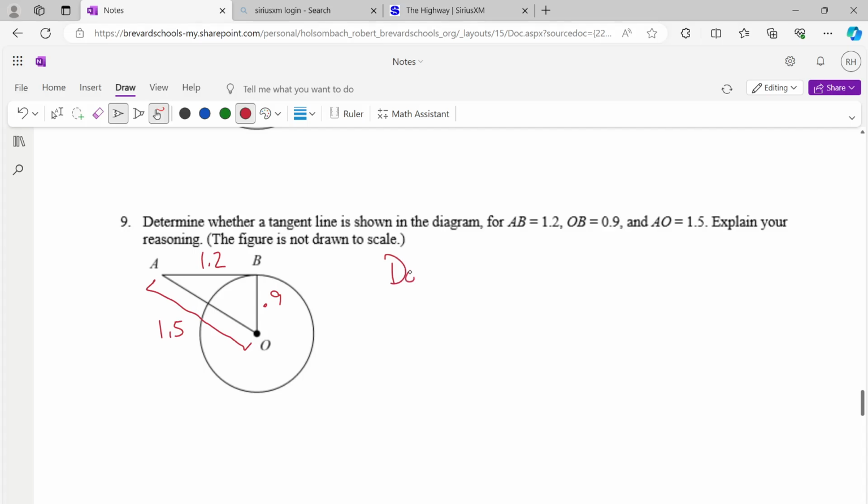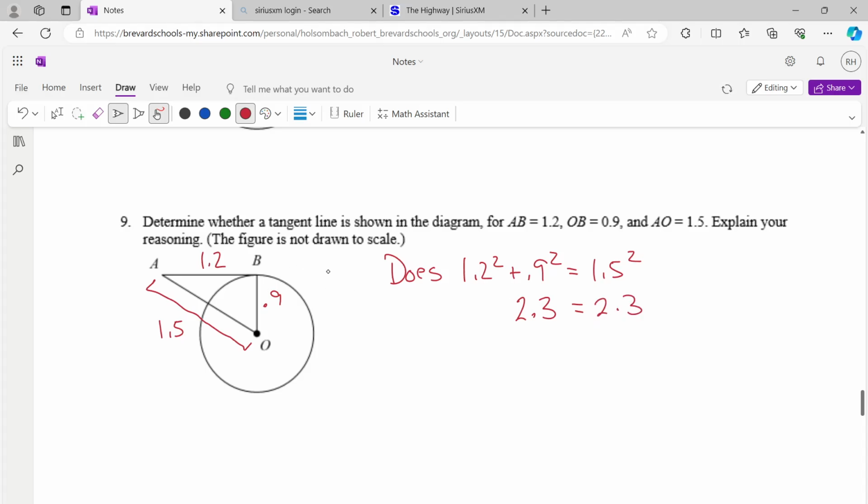So does 1.2 squared plus 0.9 squared equal 1.5 squared? 1.2 squared plus 0.9 squared, I get a 2.25. Then 1.5 squared, I get a 2.25.